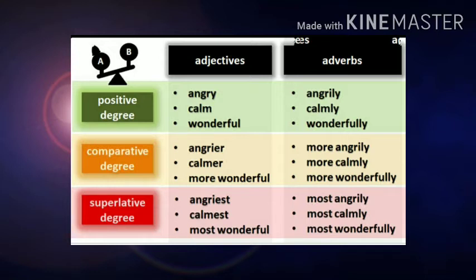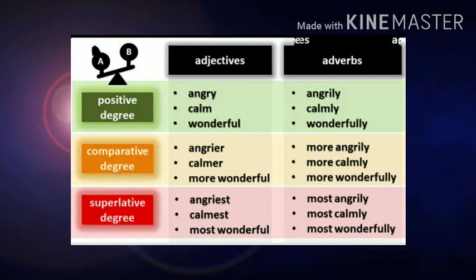When you take your adjective as more wonderful, you have to use more wonderfully as an adverb. These are the few words where we have a change like this that you have to use in your sentence. Likewise, in your superlative degree, as I told you, the word will always end with est, but when you use adverbs, it will change slightly.